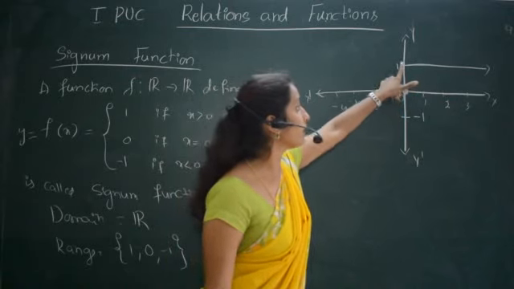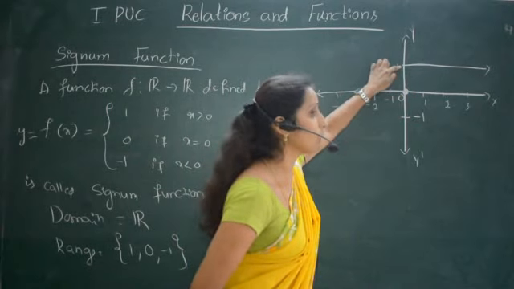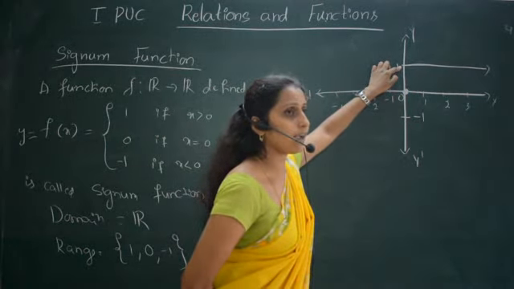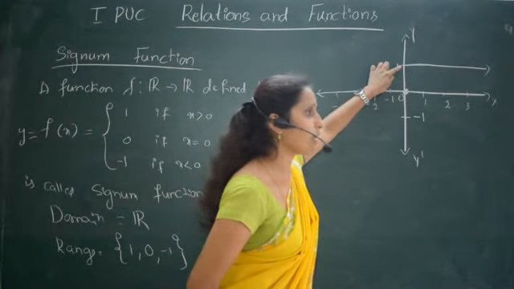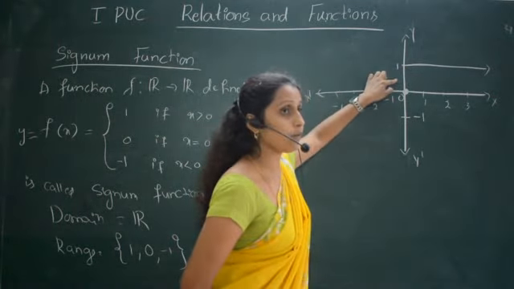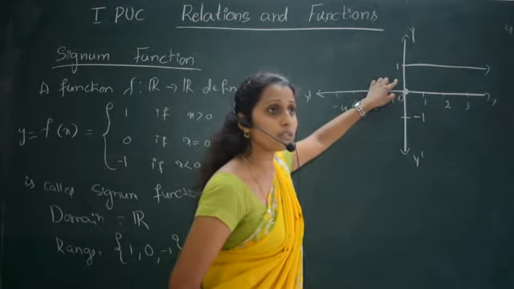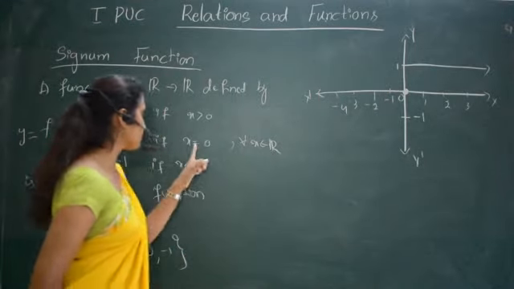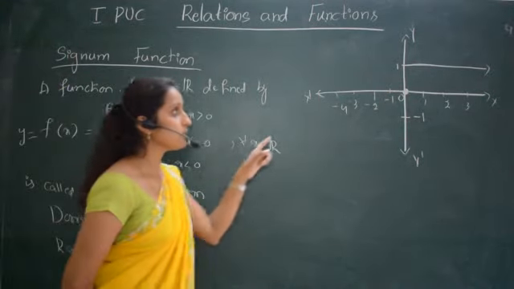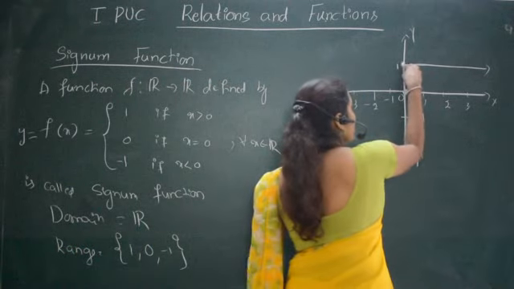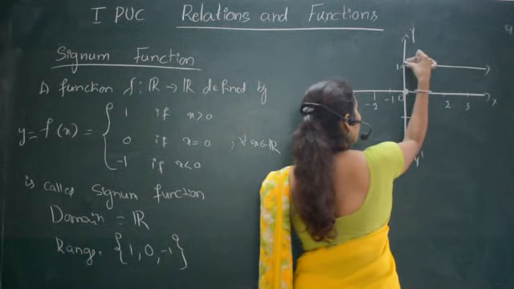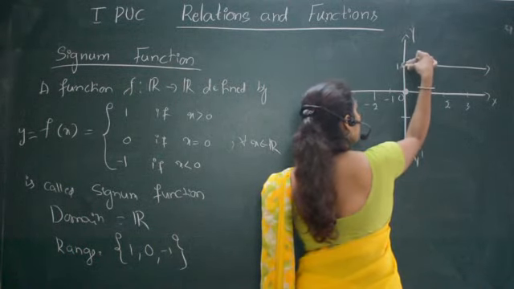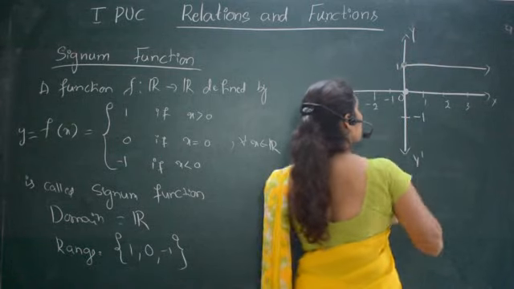But when you mark this point in the axis, what do we write? It is 0, 1. That means when x is 0, y is 1. But that is not possible. When x is 0, y is 0 only. So this point is not included. So what you have to do is make an open circle here. That means it is not included.